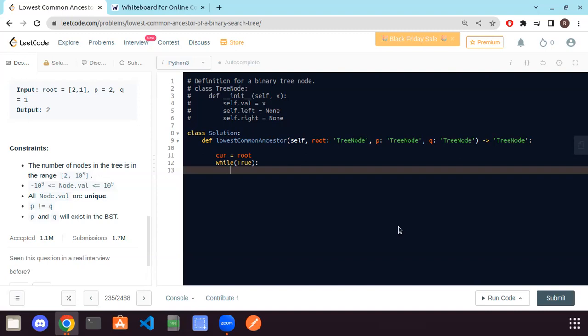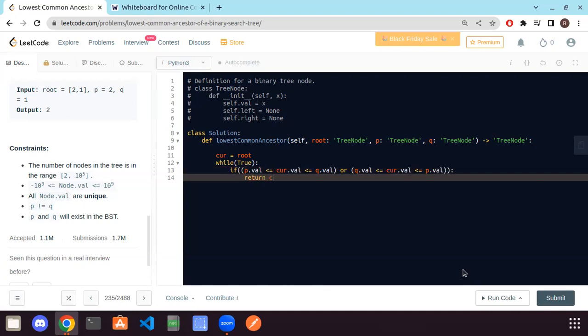So while true, if P dot val is less than or equal to cur dot val, less than or equal to Q dot val, oops, Q dot val, and I also wanted to put this in inner brackets, or if Q dot val is less than or equal to cur dot val, less than or equal to P dot val, we just return cur.